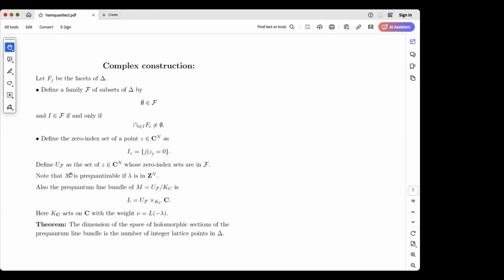So going back to our toric manifold M, pre-quantizable means that it has a line bundle whose first Chern class is in the same de Rham cohomology class as the symplectic form. The symplectic form is a representative in de Rham cohomology of the first Chern class. So pre-quantizable means that there is such a line bundle.